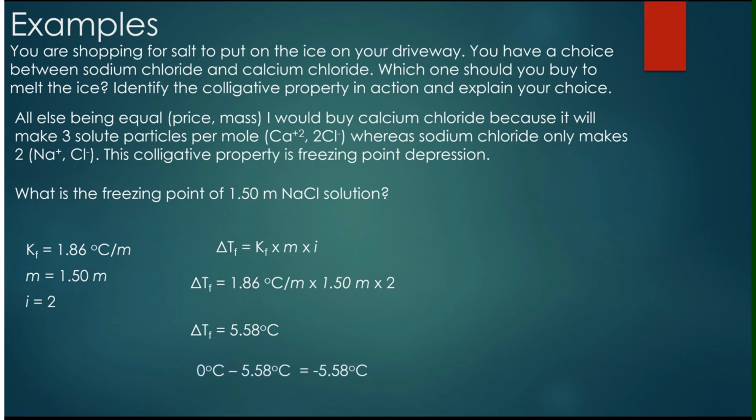Don't forget, that's not your final answer. You need to subtract that from 0 degrees Celsius. And we find a new freezing point of negative 5.58 degrees Celsius. And so therefore, by putting a little bit of salt on our road, we can make it a colder temperature that water will turn to ice. Freezing point depressions.